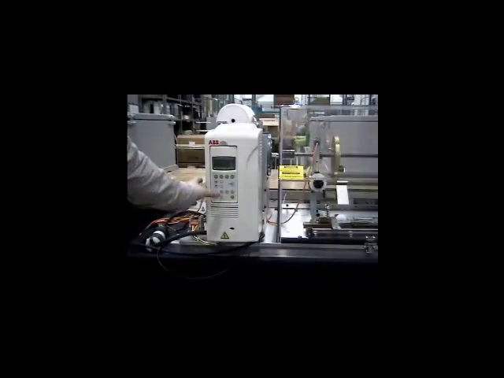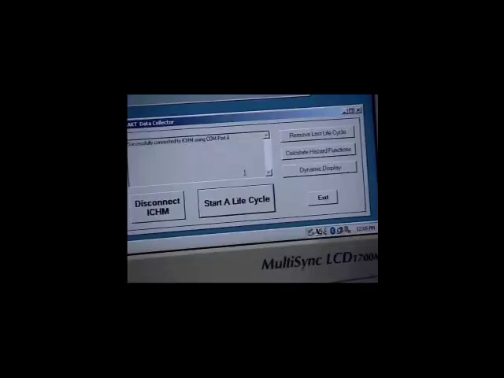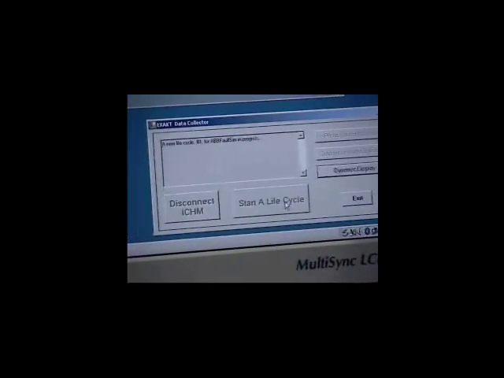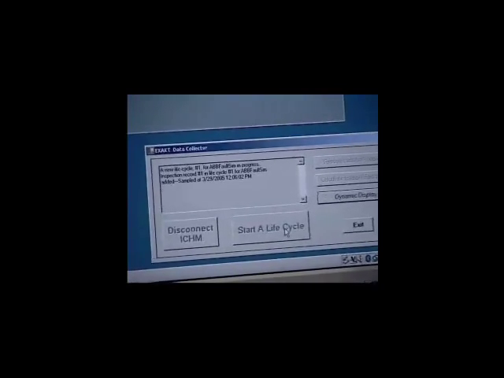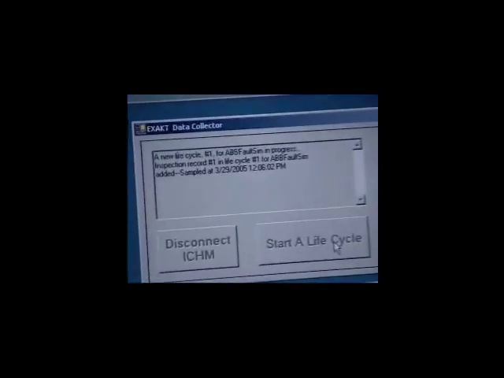He powers the motor drive, he hits Start Life Cycle on the console, and the condition monitoring system acquires data.